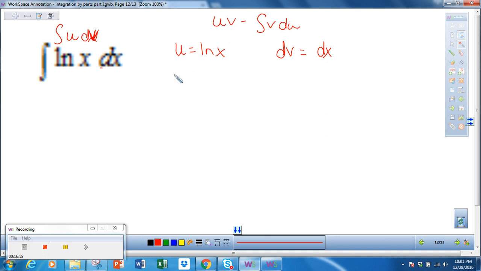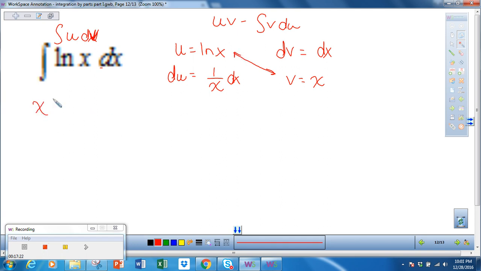Okay? So if this is u, then du is 1 over x dx. To find dv, I integrate dx. So integrating dx, I get v is simply equal to x. Okay? So then remember it's uv.